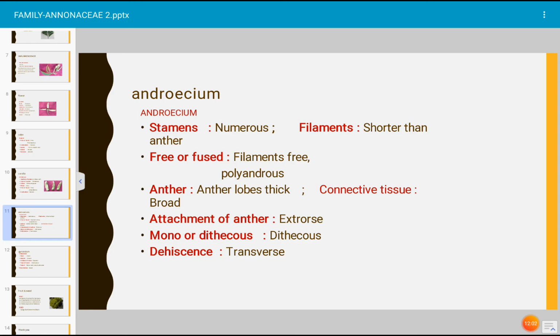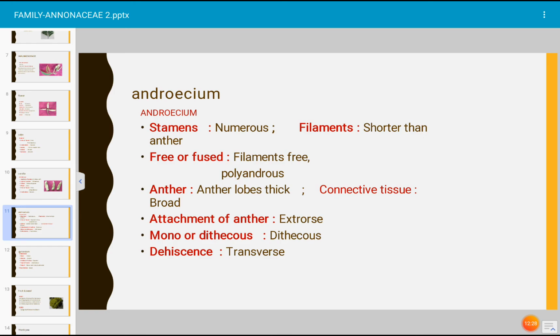In this case, connective tissue is broad. And how is the attachment of the anther? The anther is extrorse. Extrorse anther means the face of the anther is diverted to the peripheral region of the flower.